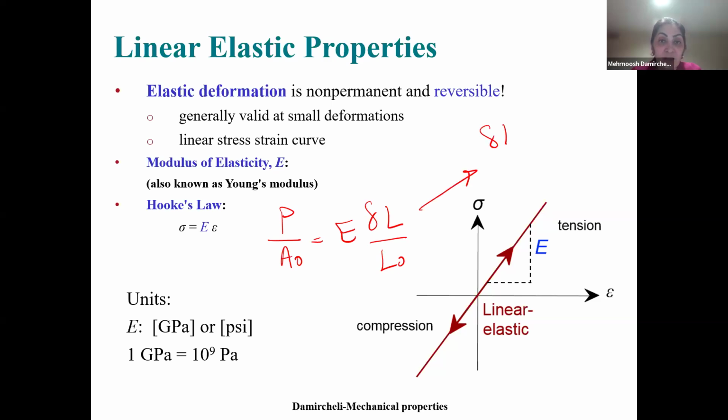So we can derive the equation that delta L is P L naught per A naught E. It is the equation that we saw in the previous slide, and it only works for the elastic region. Here you see some units for E: gigapascal or PSI, and 1 gigapascal is 10 to the 9 Pascal.